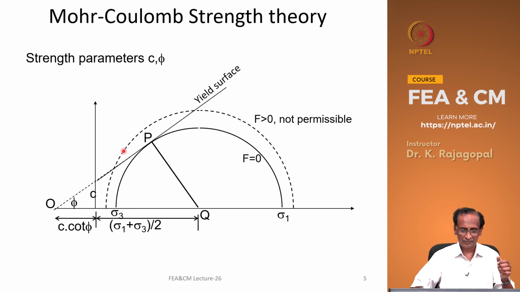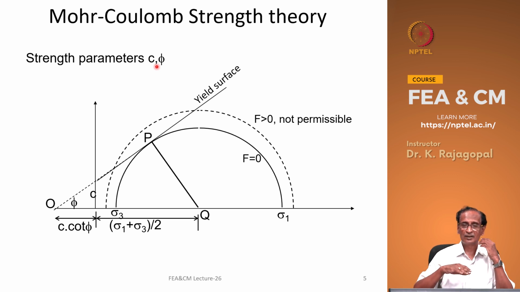And when it comes to soils, the simplest strength equation can be obtained by using the Mohr-Coulomb strength theory, where we can say that our tau max is C plus sigma tan phi.